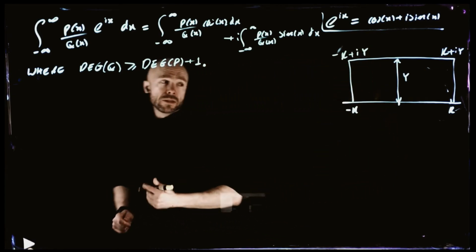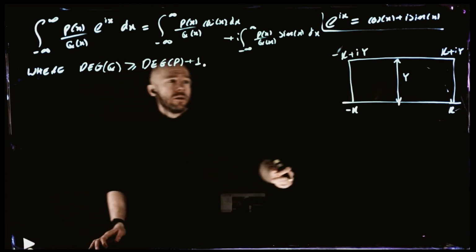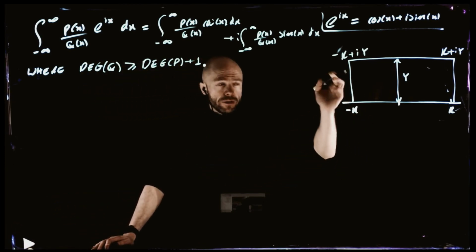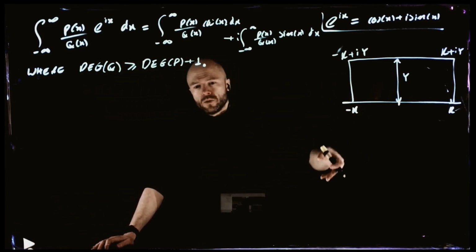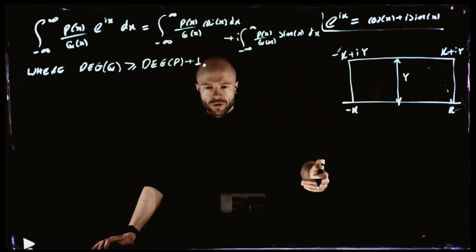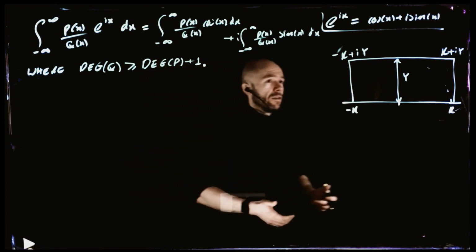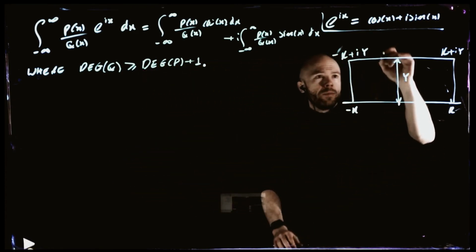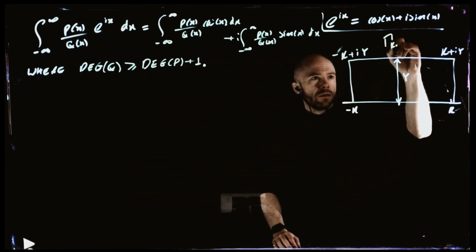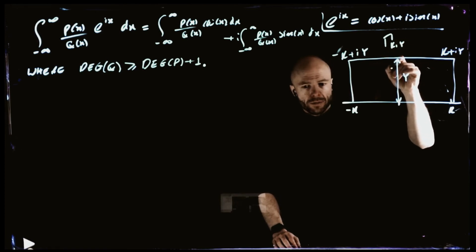We're going to do this in stages. We're going to take the limit as y goes to infinity and then as r goes to infinity afterwards, and you need to do it in this way. So let gamma of r, y be this particular contour.